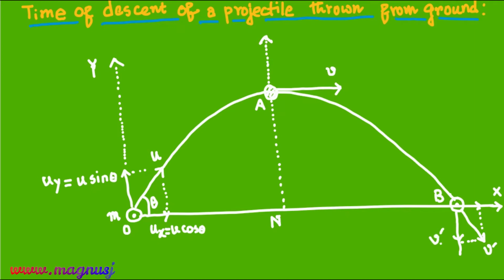So v y prime is the vertical component of final velocity v prime, and v x prime is the horizontal component of final velocity v prime at the point B. This angle is alpha, with which the projectile strikes the ground with the horizontal direction.